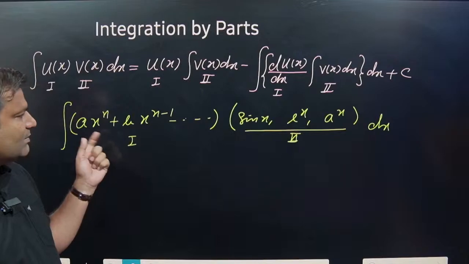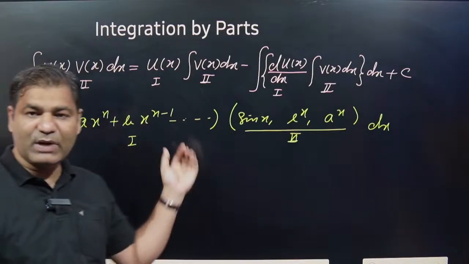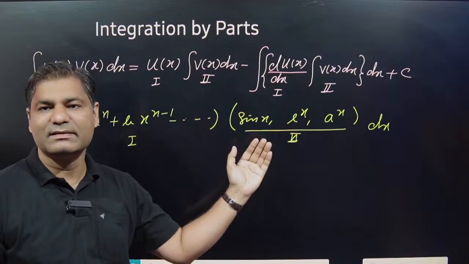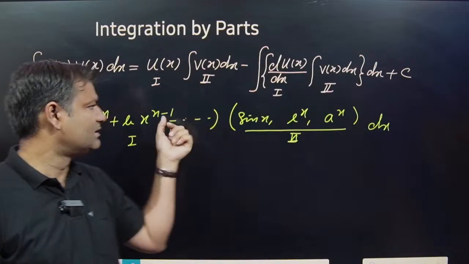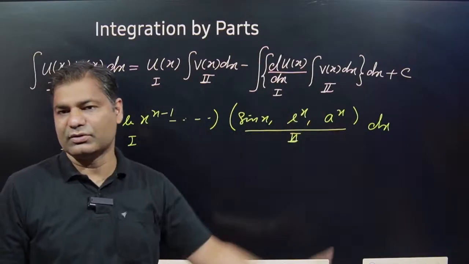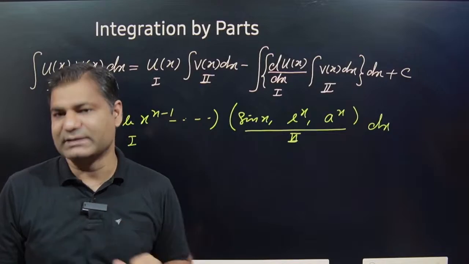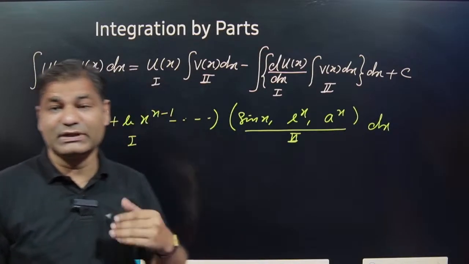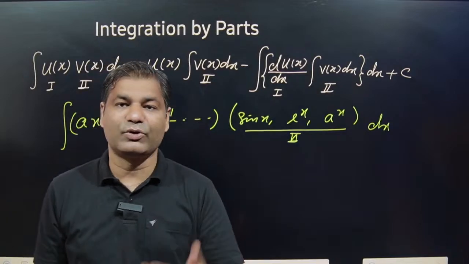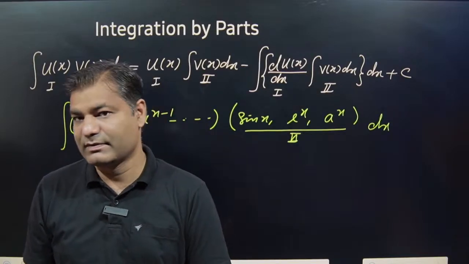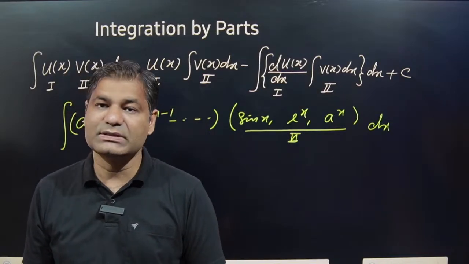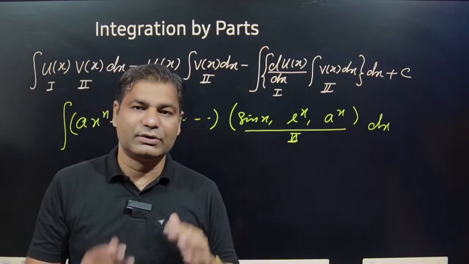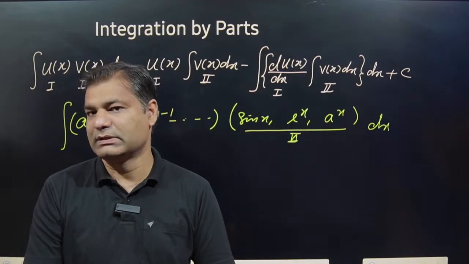Clear or not? Why? Because if this one is taken as first function and you follow this procedure, then the power decreases, because when you differentiate, x to power decreases, and you get the answer. Now suppose here x cube, x square, x to the power 4, x to the power 5 type question is available, then if you apply this procedure, you will take more time to solve that question.